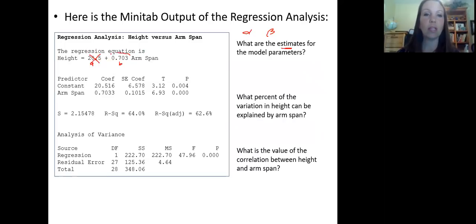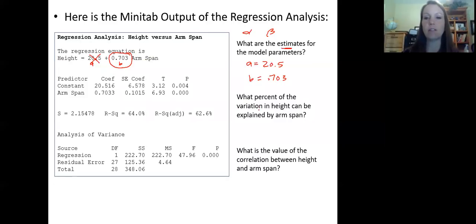But we can always interpret that number for slope, so we find it interesting. This tells us that for every 1 inch increase in arm span, we would expect a person's height to increase by 0.7-ish inches. So to answer the question, we have A equal to 20.5 and B equal to 0.703.